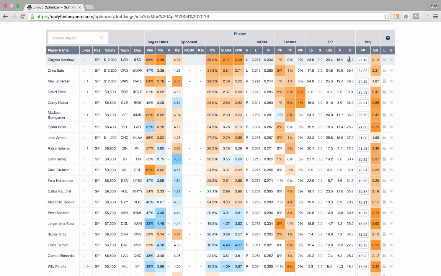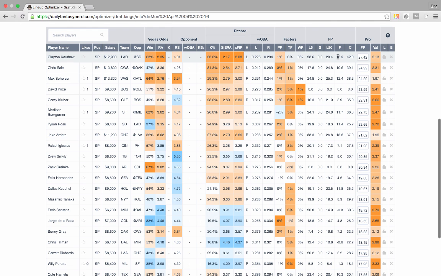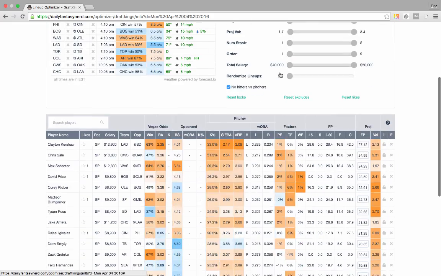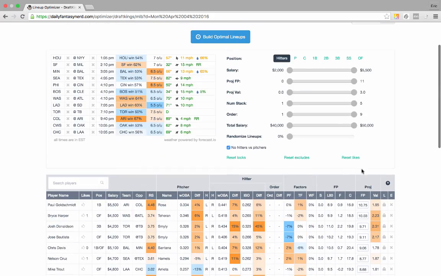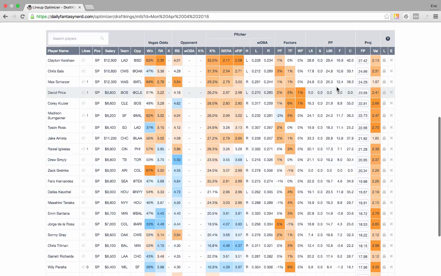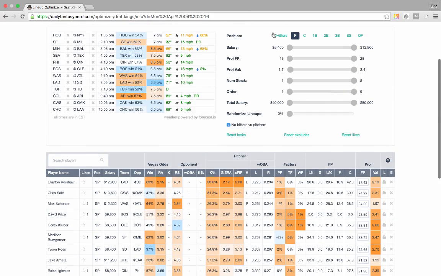These are very similar here. One thing I would like to call out is that pitchers, for the most part, are going to be more consistent than hitters. You'll see that on a per dollar basis, their values are typically going to be higher than hitter values. That's because they have a lot less variance. Their floors are higher.